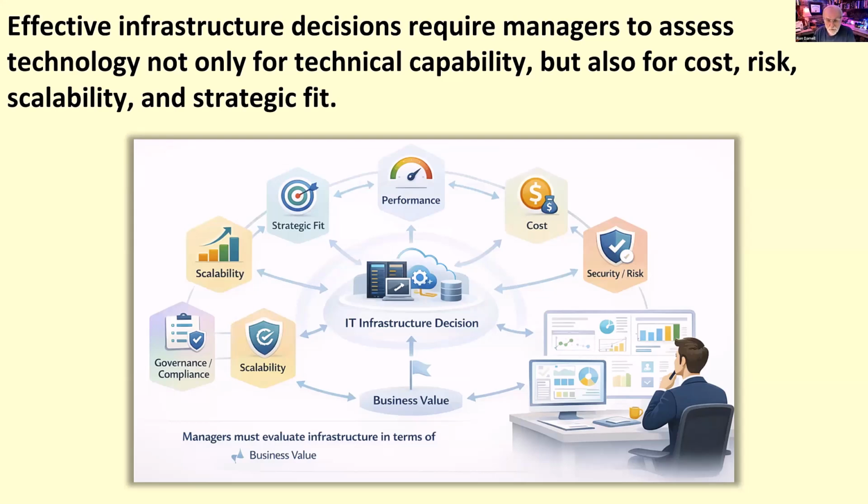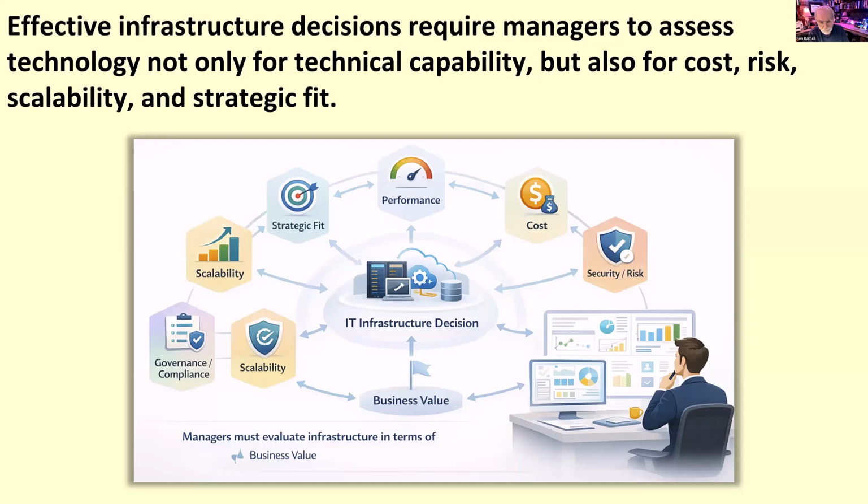This is why infrastructure should be evaluated through multiple lenses. Technical capability matters, but so do business value, long-term sustainability, flexibility, and risk. A solution that is powerful but too costly, too rigid, or too difficult to govern may not be the right fit. Likewise, a lower cost solution may create hidden problems if it cannot scale or protect critical data.